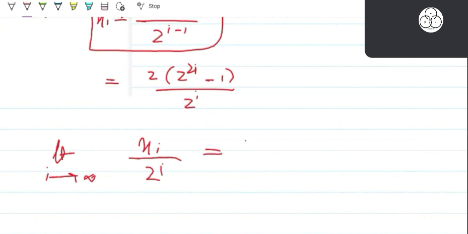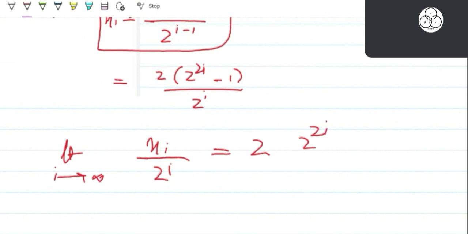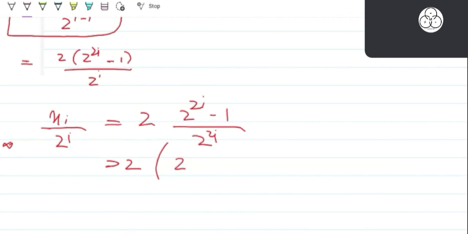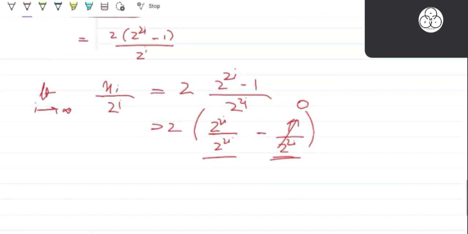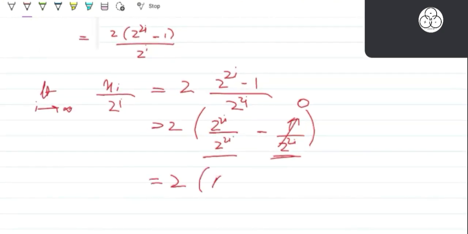So that will be 2 times of 2 to the power 2i minus 1 by 2 to the power 2i. Those who don't know limits, for them: 2 to the power 2i minus 1 over 2 to the power 2i. When I tends to infinity, this value tends to 0. This value is 1. So you can write this as 2, which is our required answer. So thank you.